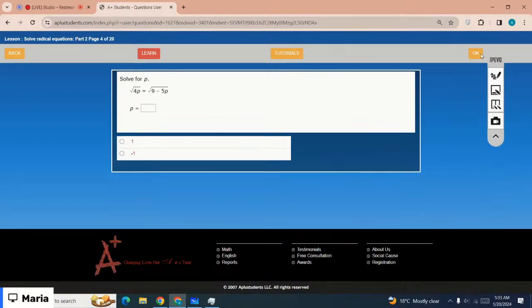The next one is, you have to solve for p. So just square both sides. Which is the correct option?